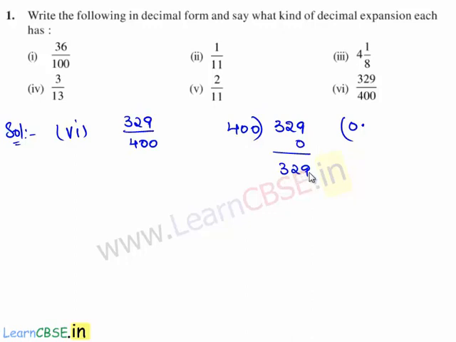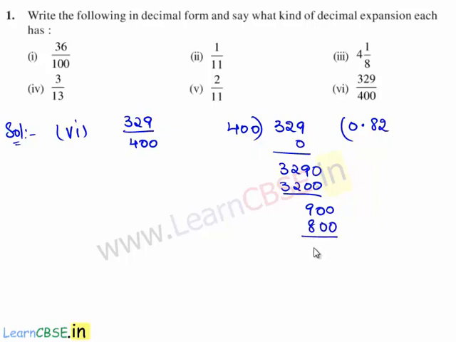329 becomes 3290. It goes in 3290 8 times, as 400 times 8 is 3200. So here we are left over with remainder 90. Because of the decimal point, 90 becomes 900. 400 goes in 900 2 times, as 400 times 2 is 800.